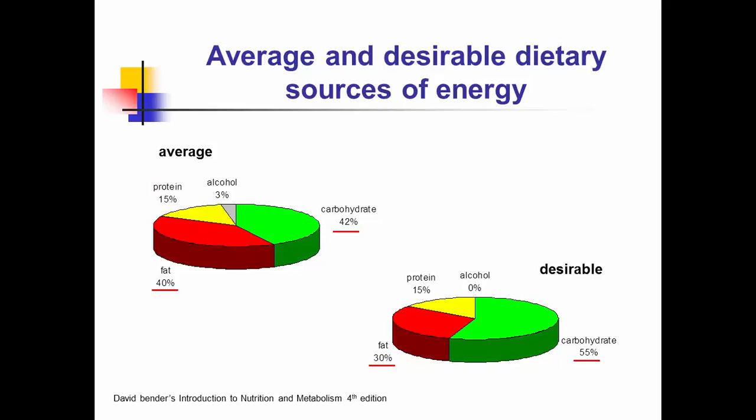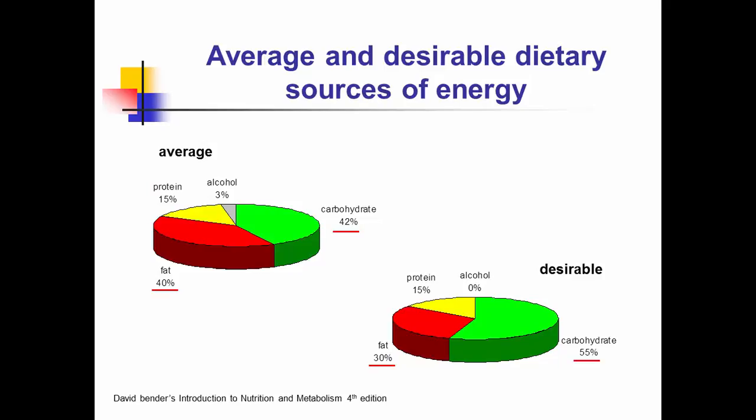In the American population, 40% of energy is from fat, 15% from protein, 42% from carbohydrate, and 3% from alcohol. If you compare this to the desirable composition of the diet, you can see how far we need to go to be more healthy, right?